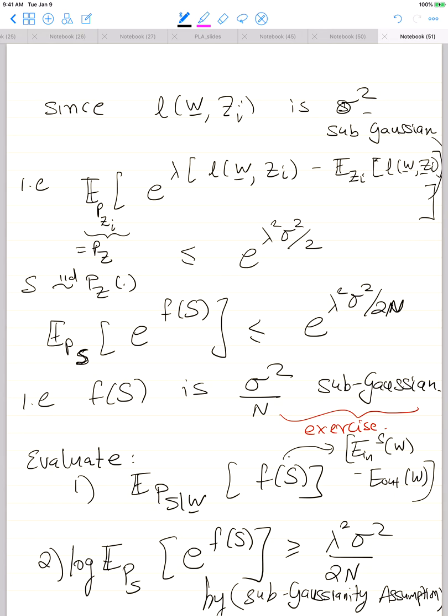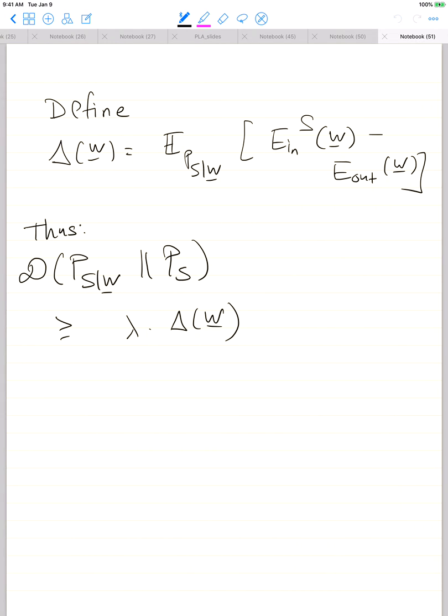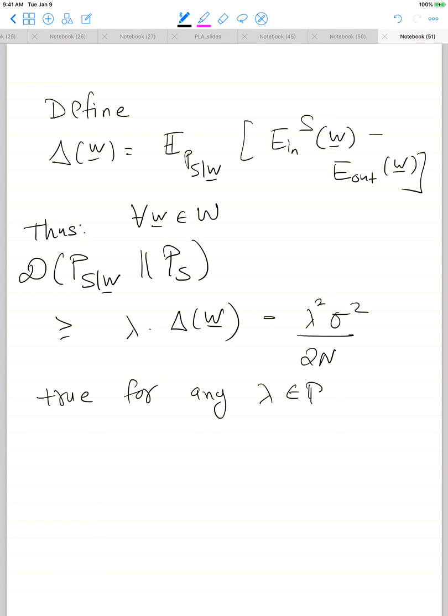There was a lambda here, and f has a lambda in front of it, okay? This is for all W. For any fixed W in the hypothesis space, this is what we show, and it is true for any lambda in R. For any real number, the relative entropy is lower bounded by this quantity.